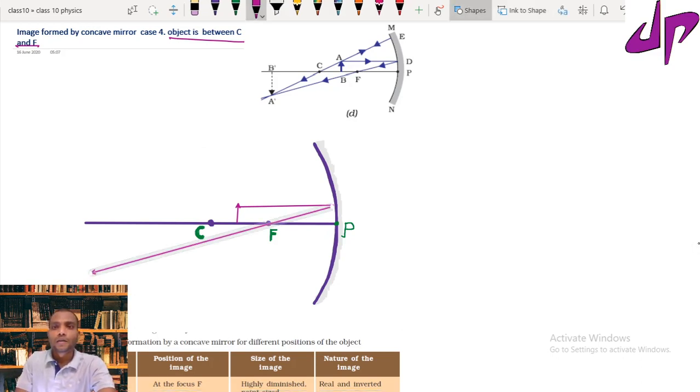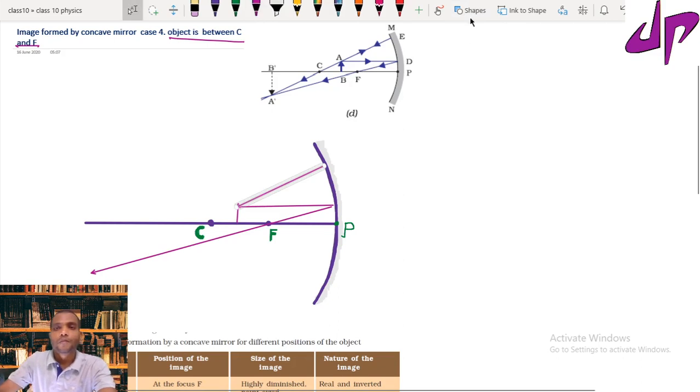Now use the third rule. The third rule is a ray which passes through the center of curvature does not deviate. So after drawing this, the same ray will be reflected back.